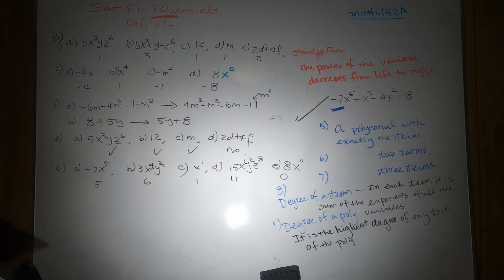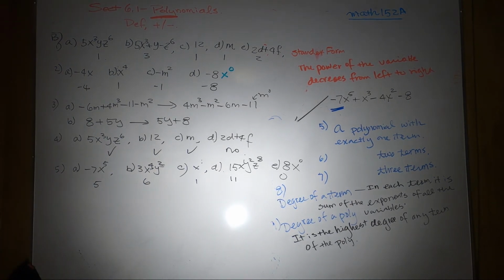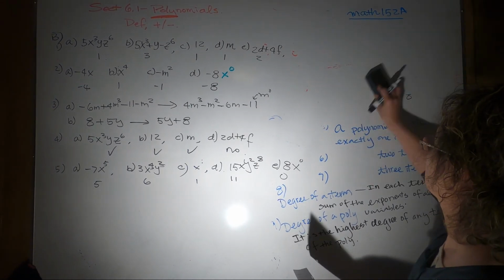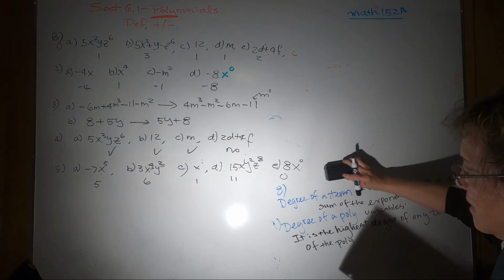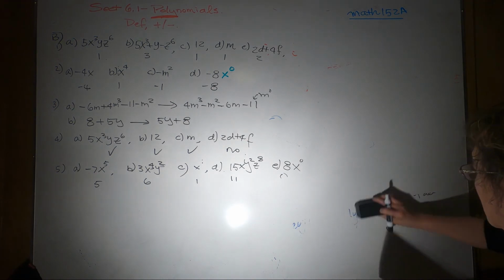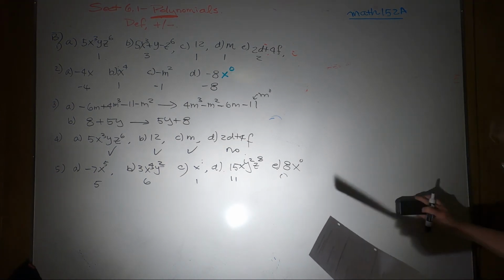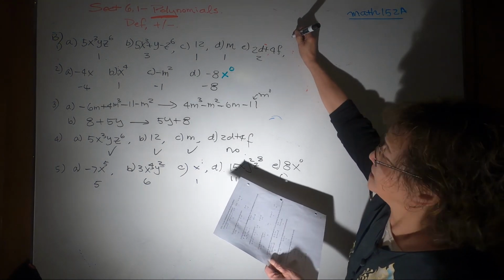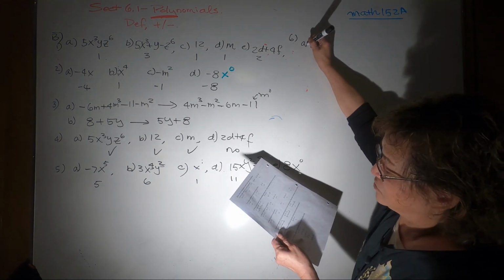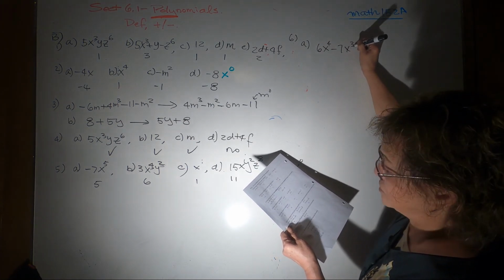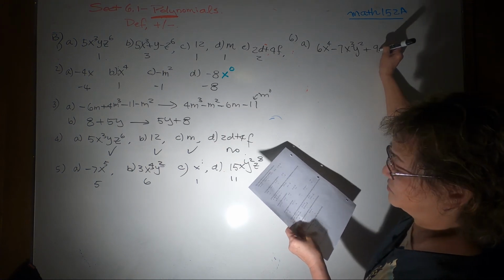Okay, then let's look at a bunch of other things. We'll talk about degree of the term and the degree of a polynomial. It's different. Okay, now we want to talk about polynomials. So first one, 6 to the fourth minus 7x cubed y squared plus 3.